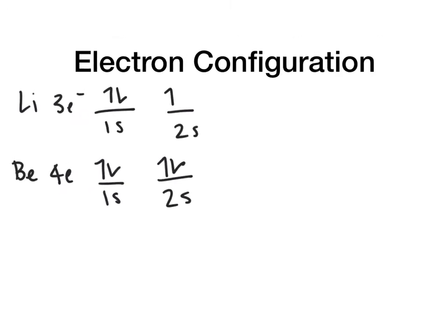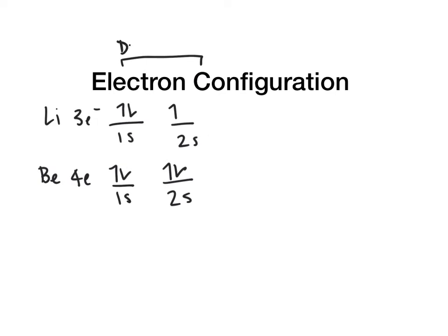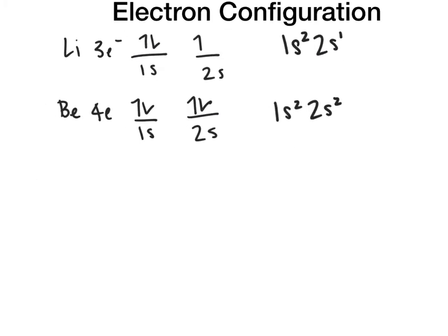This over here is called drawing. And if you'd like, you can write out the configuration. For lithium it's 1s2, 2s1, and for beryllium, 1s2, 2s2. So you can draw and write this for any given element.